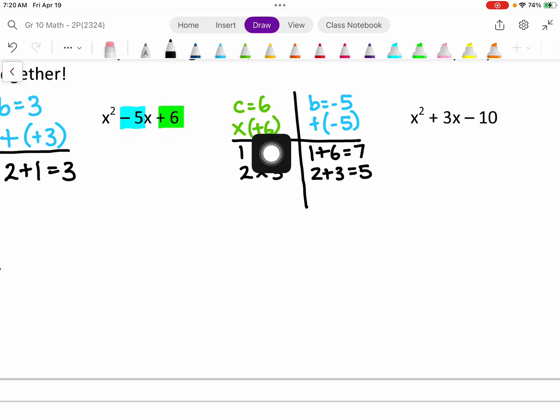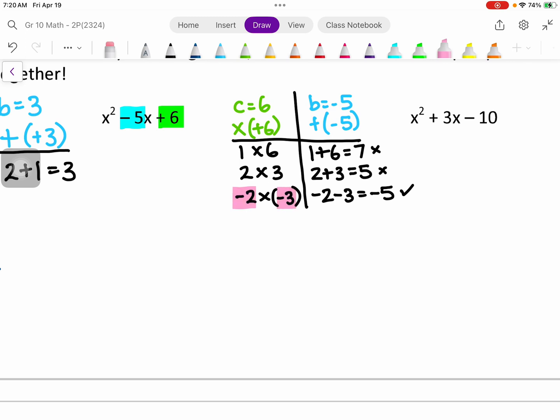Now, if I'm multiplying to a positive number, I can only get that by having 2 positives or 2 negatives. So let's try -2 times -3. And -2 plus -3 is equal to -5. So this is the one that works out. These others don't give us a -5, so they're not the right numbers. So that means our two numbers in our binomial are a -2 and a -3. So this is going to equal x minus 2 and x minus 3.